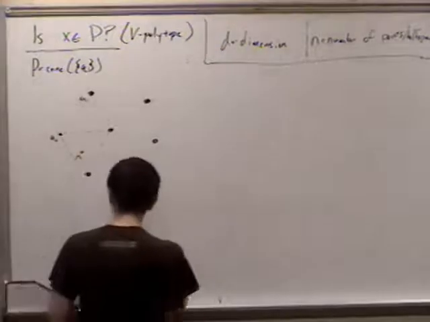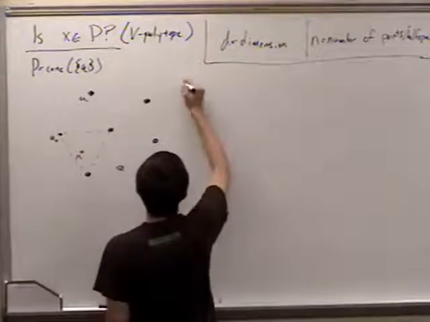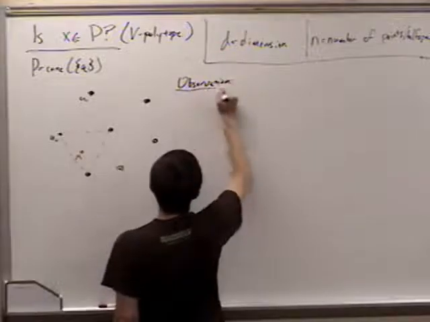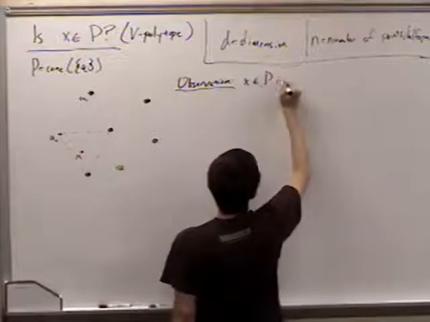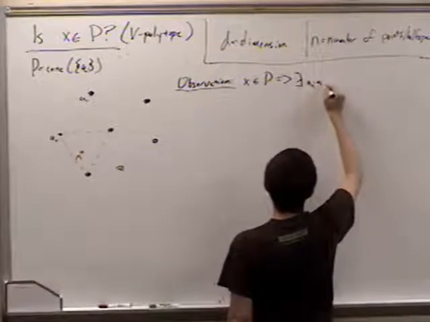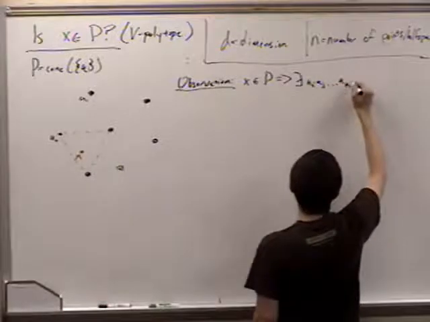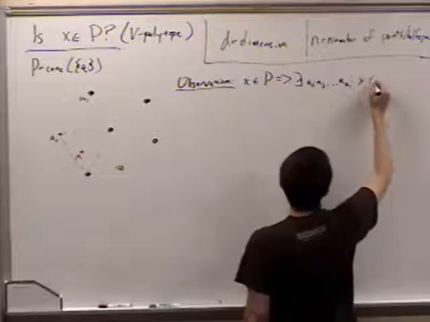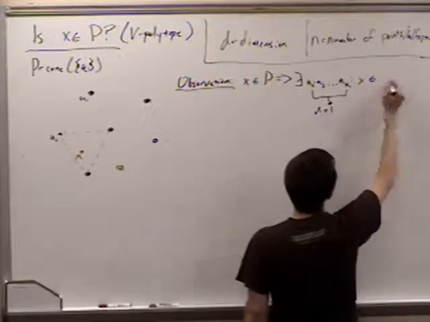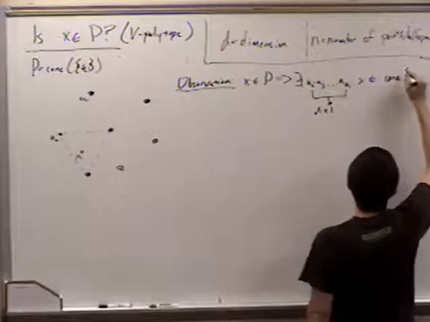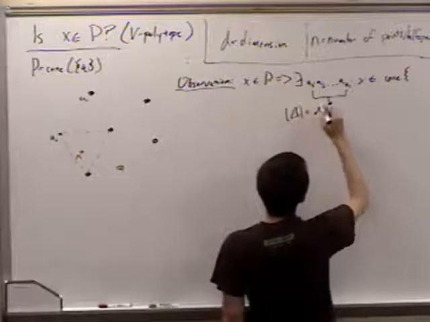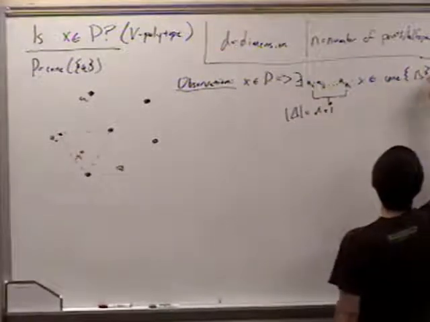So here's the observation. x in P implies that there exists some a_i, a_j, etc., a_k, where x is in, there will be d plus 1 of these points, of, let's call it delta, which is for simplex.